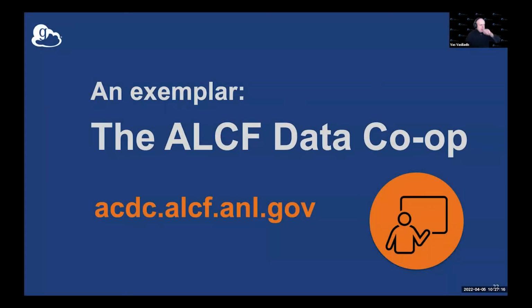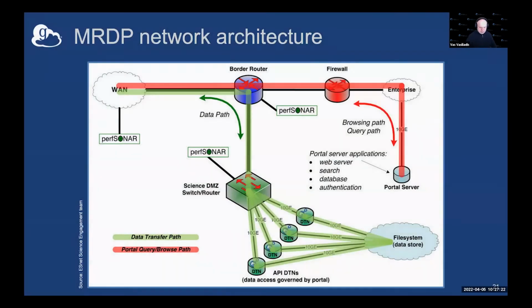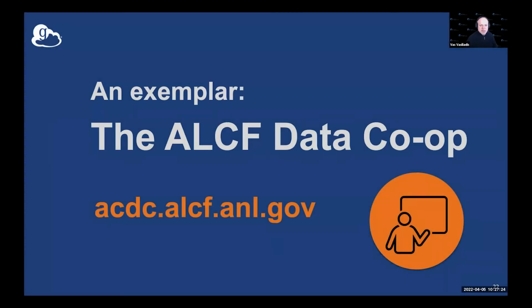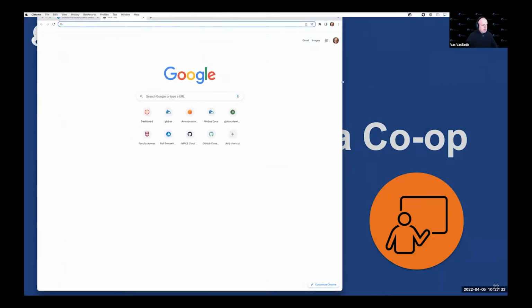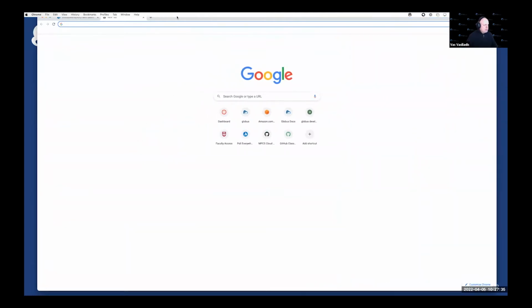Okay, so with that said, I'm going to quickly pop over and show you, whoops, sorry, my mouse has a mind of its own. I'm going to show you an example of one of these things, and I like it mostly because it's got a cool name.